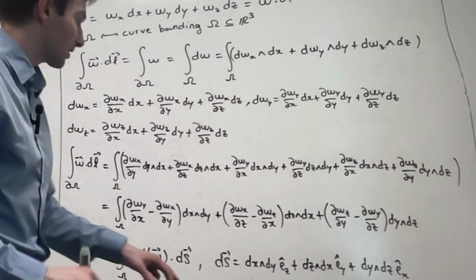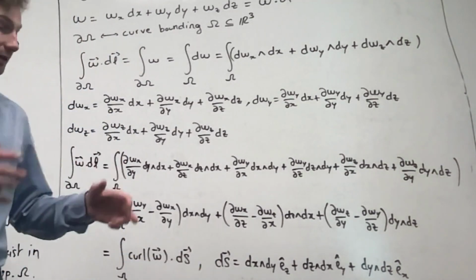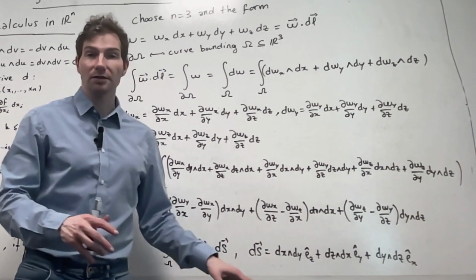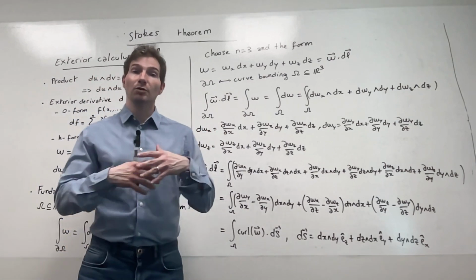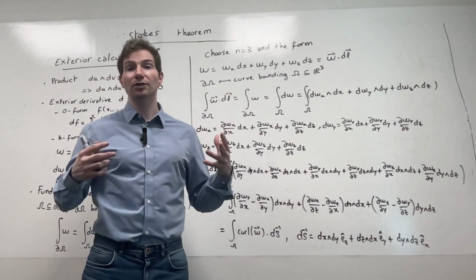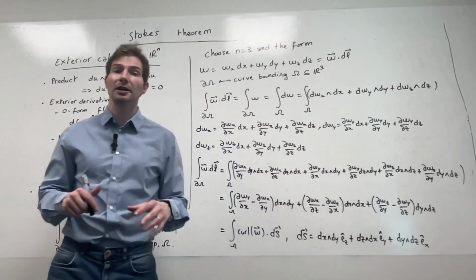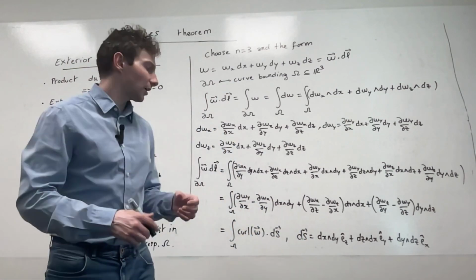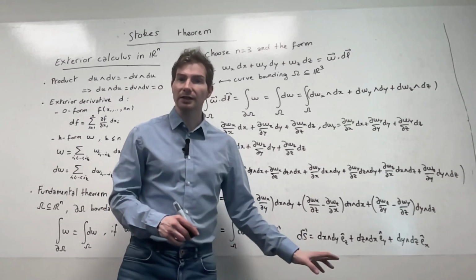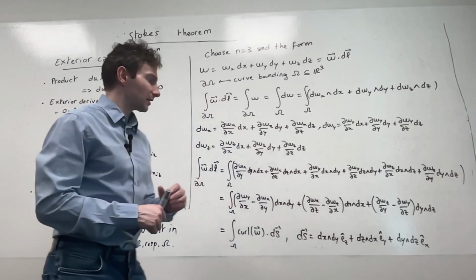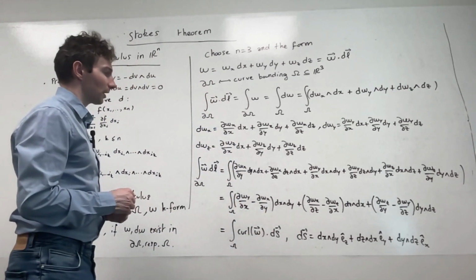So dS here is kind of a vector, but of course it has to contain components of a parallelogram, and that's why I'm still using the wedge products here. So it's a bit of a mixture of notation, but that's kind of the idea. Okay, that's kind of how this is supposed to work.